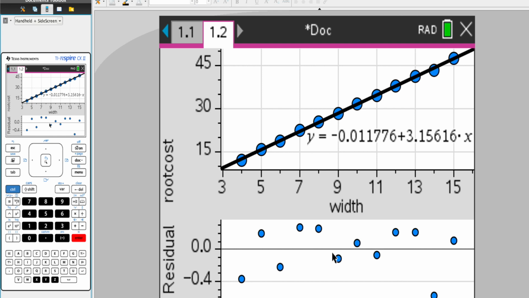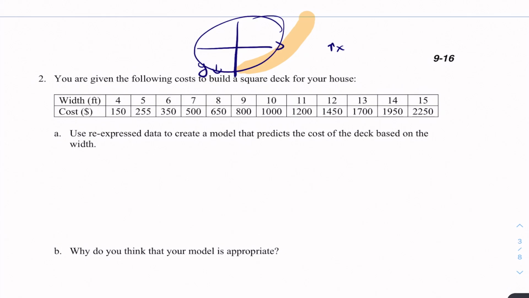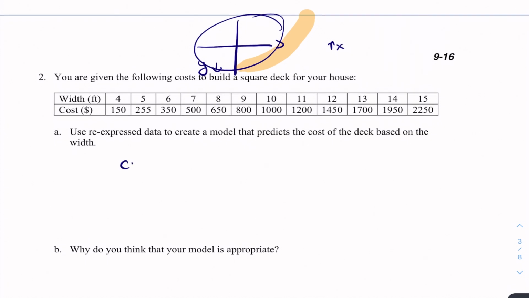So switching back over to the notes, we want to write that model as an equation. So what we found is cost hat square root, since we took the square root of the y values, is equal to negative 0.135 plus 3.17 times our width.